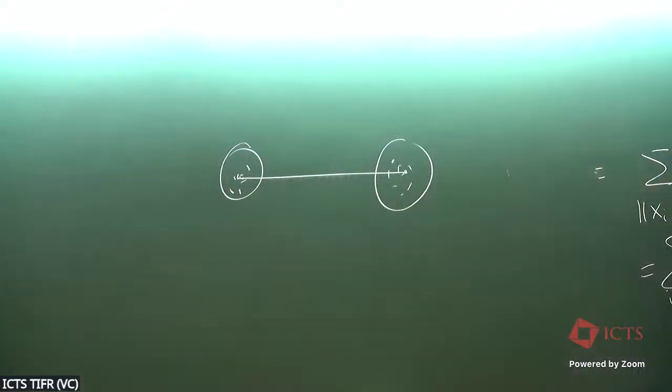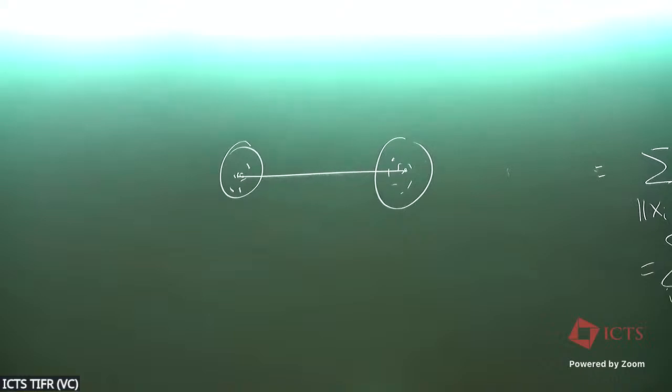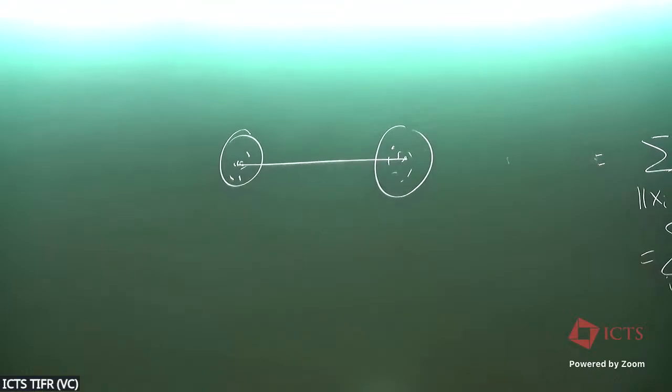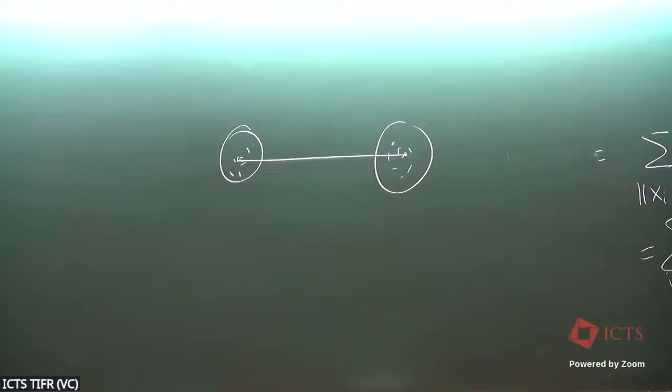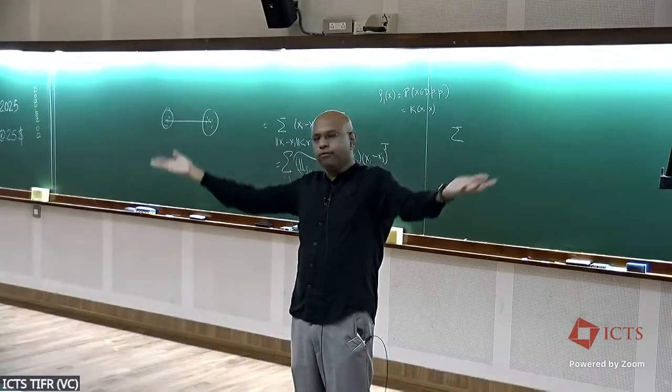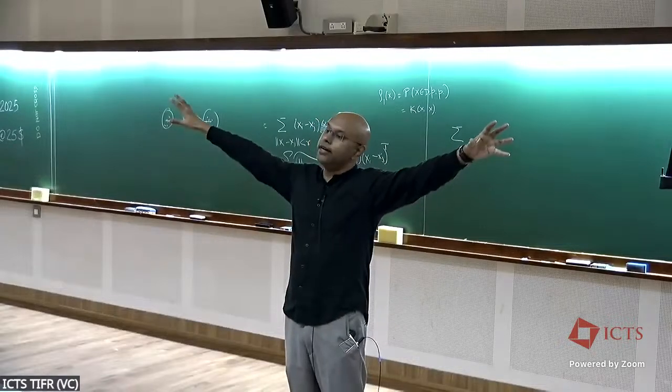And you can imagine the points in these two clusters as particles which repel each other. There are two varieties of particles which are repelling each other. They are trying to move away from each other to infinity, but there is a confining potential which prevents them from flying off to infinity.